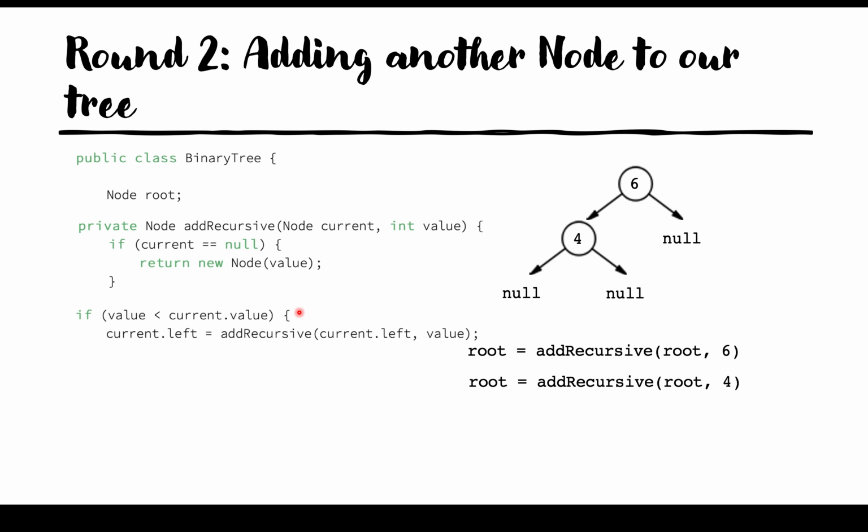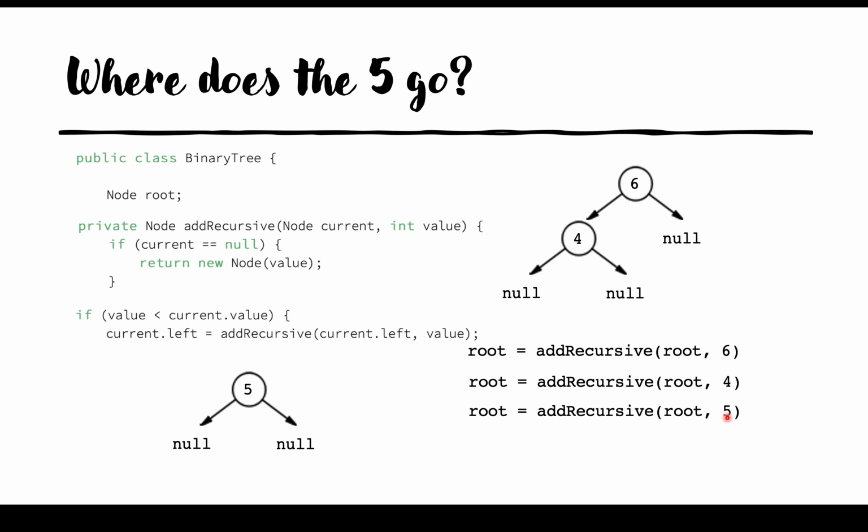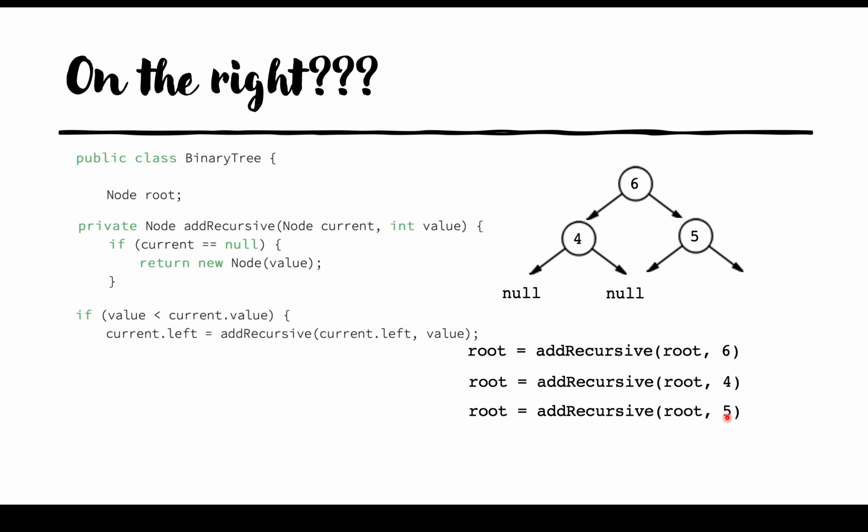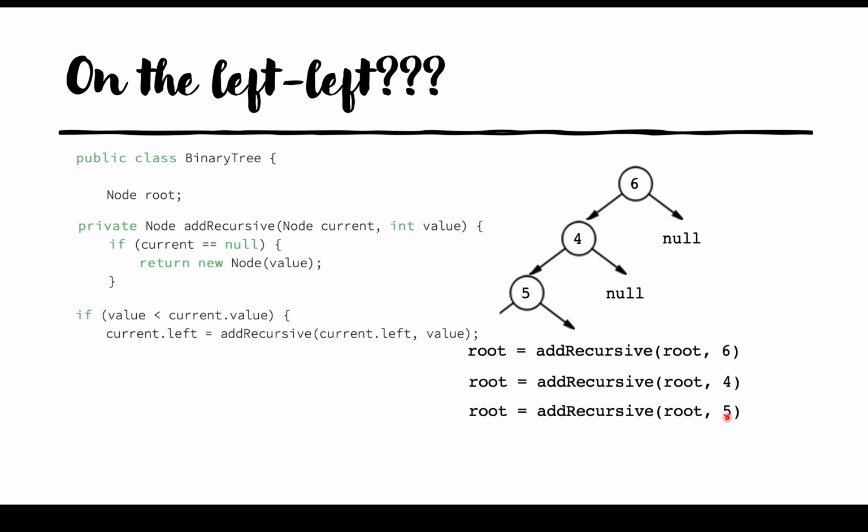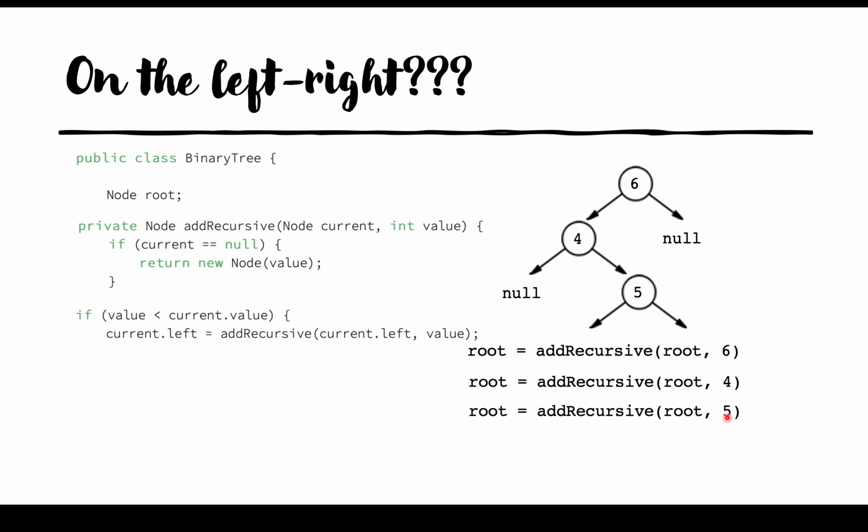Okay, so what happens next if we want to add recursive 5? Let's say we wanted to add 5. That's our node. We want to add it somewhere. Does it go there? Does it go there? Or does it go there? Well, let's trace it.